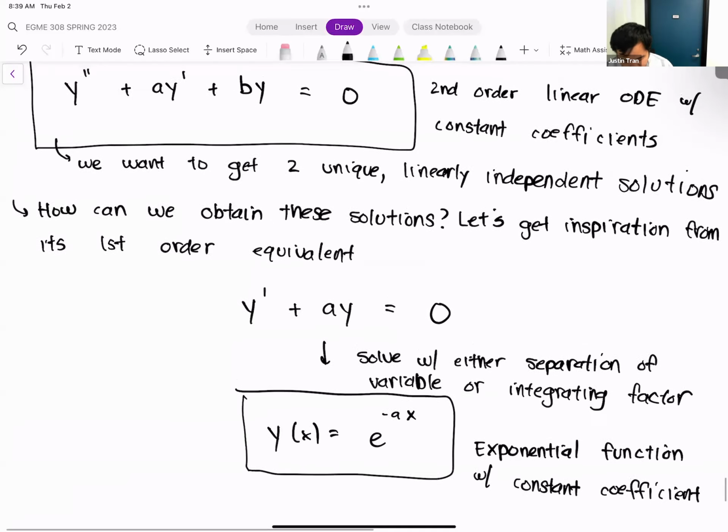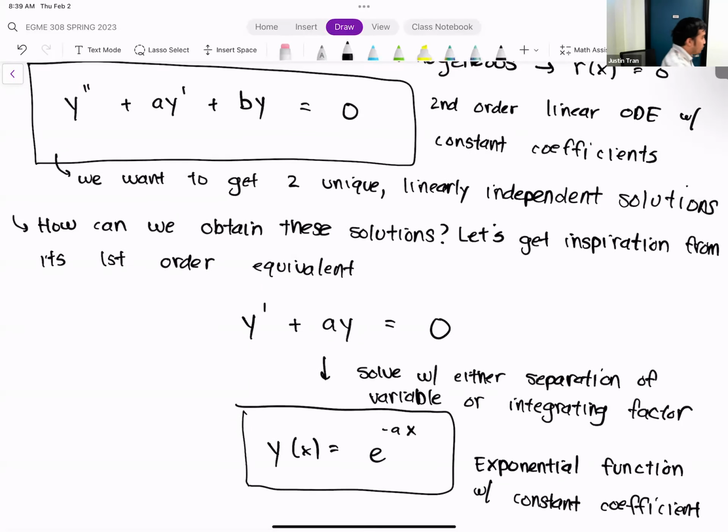Okay. And so if our first order equation with a constant coefficient has an exponential solution, then let's see if we can obtain the same kind of solution for a second order equation.